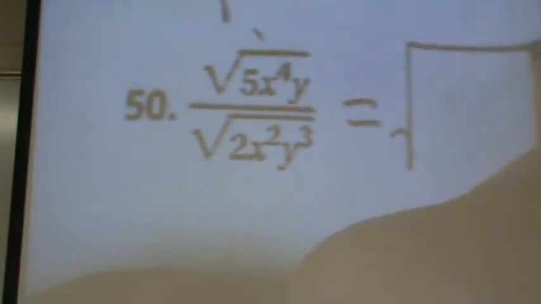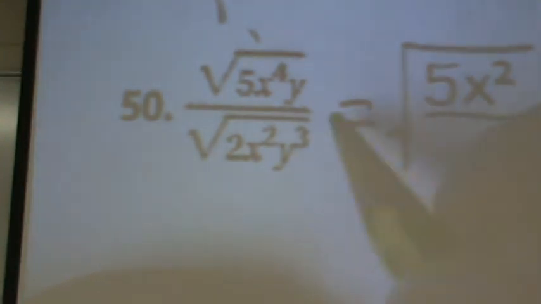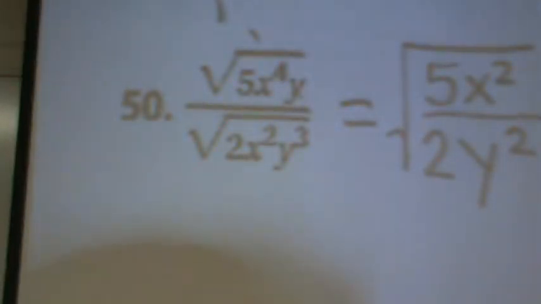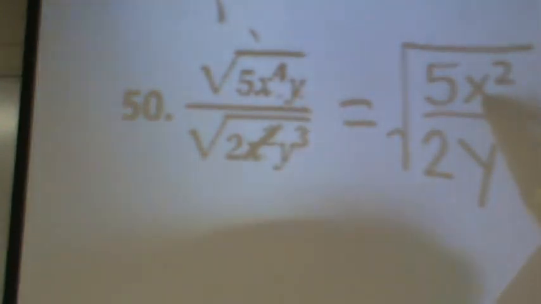Number 50, let's reduce first. You've got 2, let's cancel. X squared, you've got 5x squared on top. And this y here is going to cancel with 2 y's here. Now these 2 x's here are gone, and 2 of these x's are gone. So you have 2 x's on top.